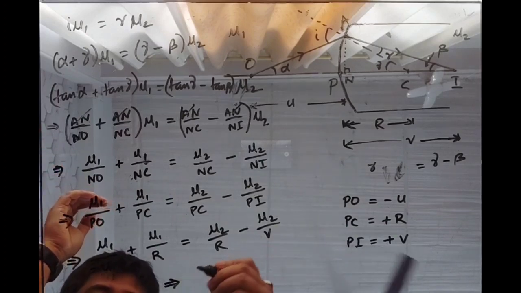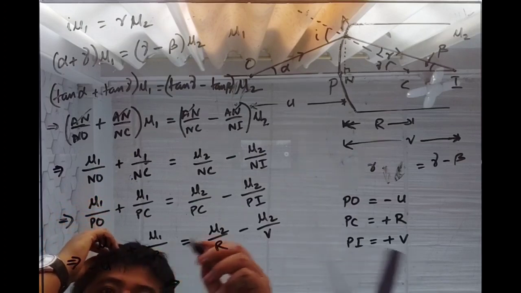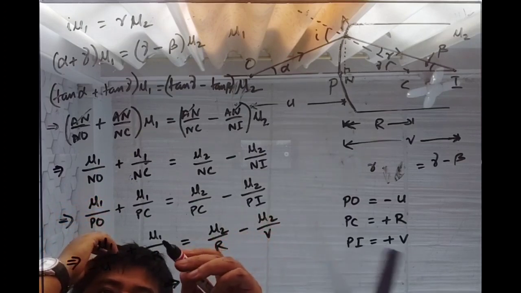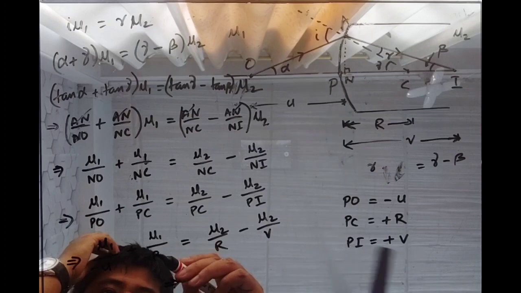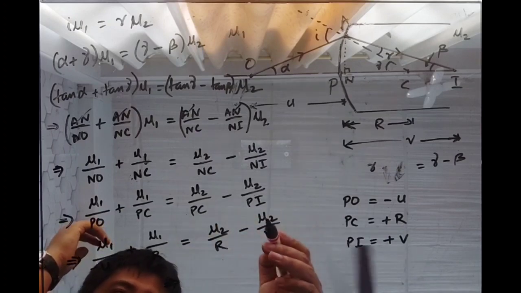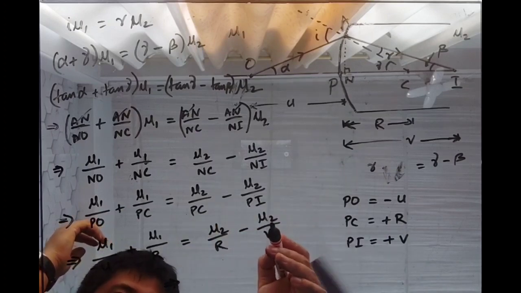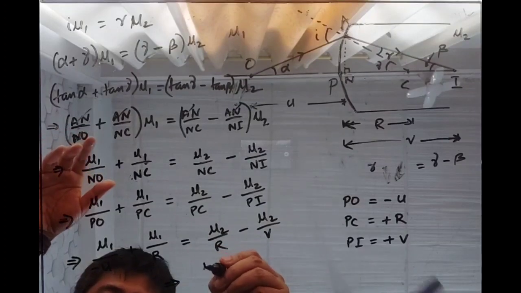Then we get this mu1 by R going to the other side, and this mu2 by V to the left side.